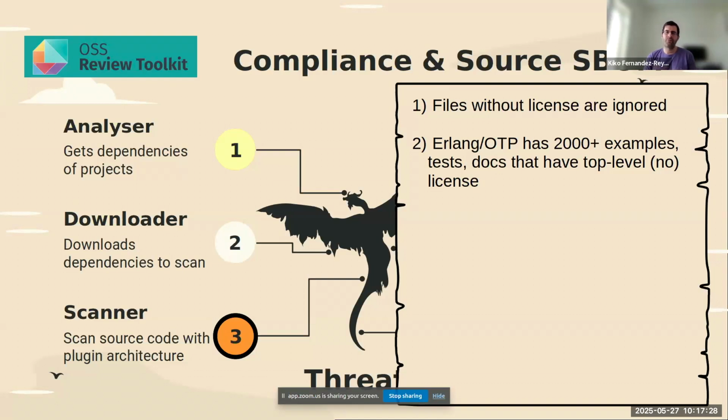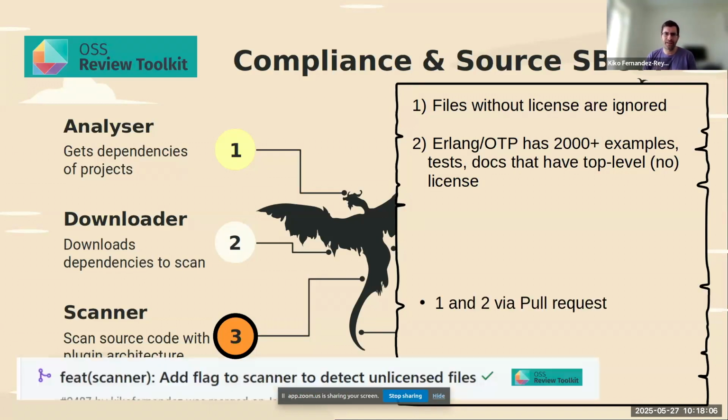And that means that we do sometimes have files that maybe have a license somewhere, and maybe we'd like to be able to identify those instead of ignoring them. So in Erlang OTP, we have more than 2,000 examples, tests, and documentation that maybe have a file called license in the folder, and that applies to the whole thing, right? Or sometimes maybe not even that. And we don't want to ignore those. What we want to do is actually to know about them so that we can fix them, right?